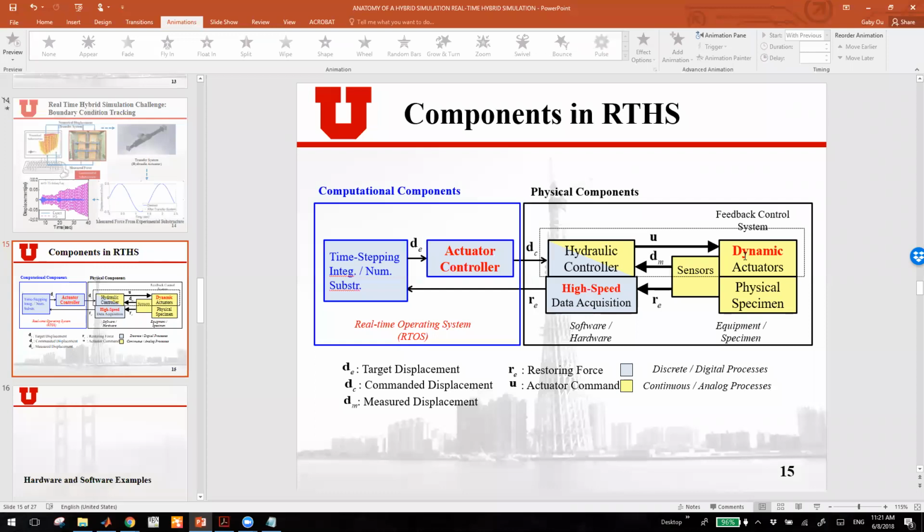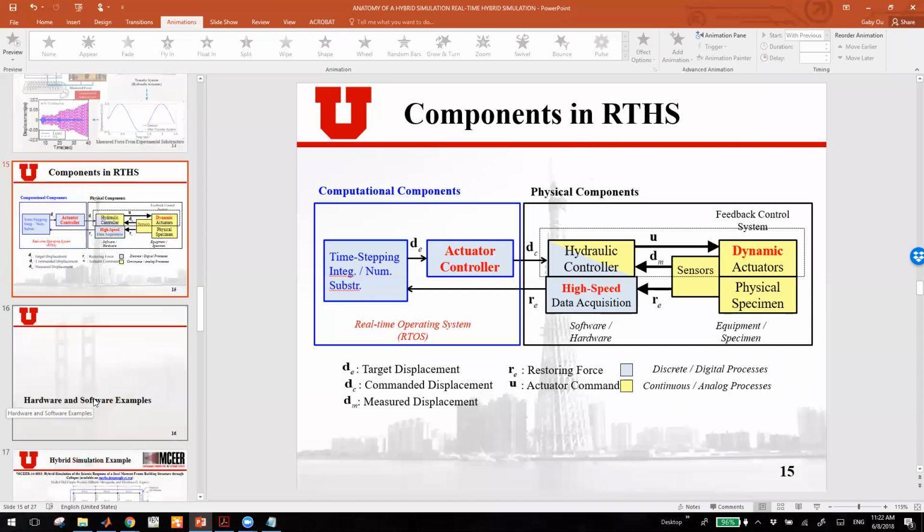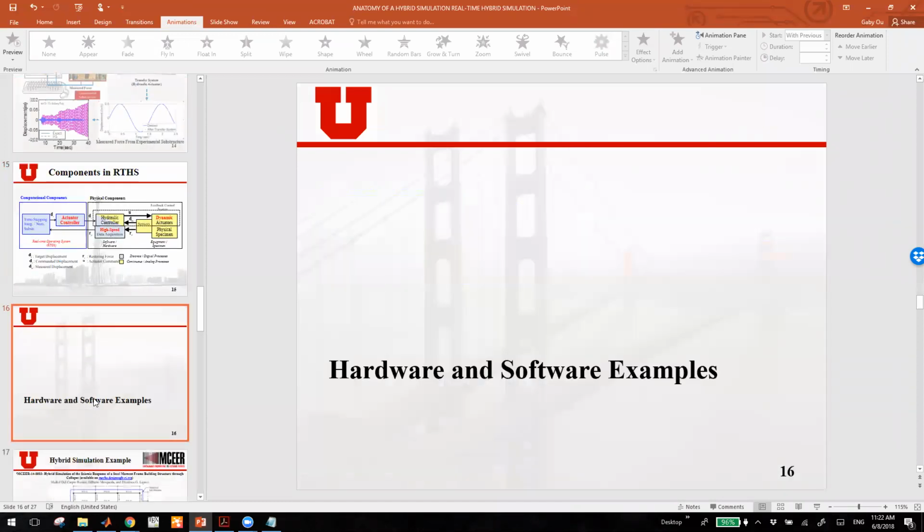So these are the basic components that we came up with in the 2014 primer about real-time hybrid simulation and hybrid simulation. With those conceptual components explained, I would like to use two examples to relate this terminology to real examples.